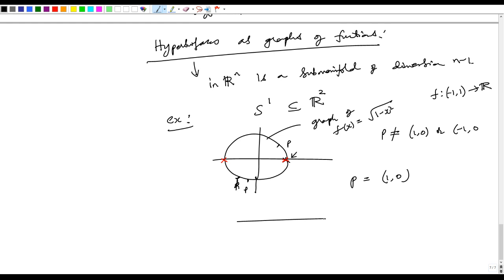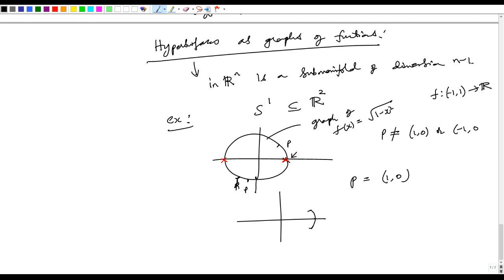The problem is that no matter how small a neighborhood of P I take, the submanifold is going to look like this. It's going to go above the x-axis and come below.